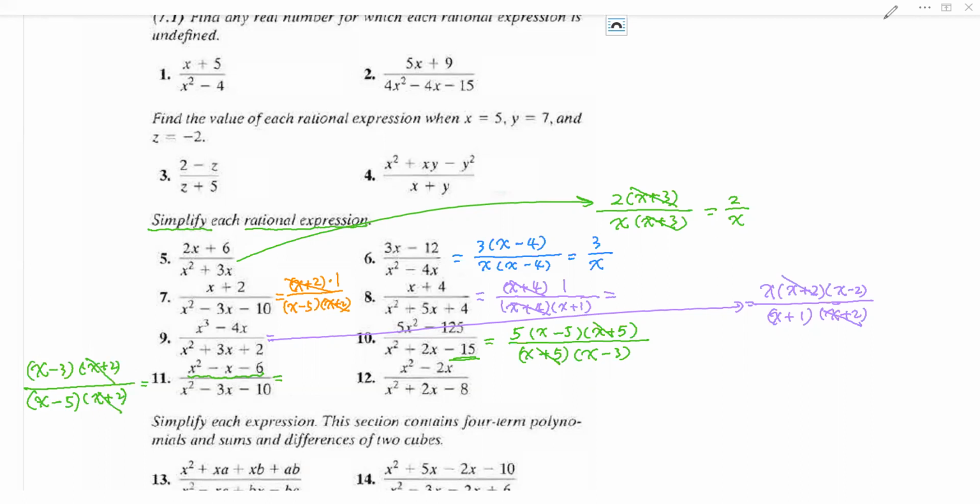Okay, next. Suri, can you give the answer to number 12? Is correct. Thank you, Thomas. Suri, number 12. Can you give your answer from your homework? X over x plus 4. X over x plus 4, right?